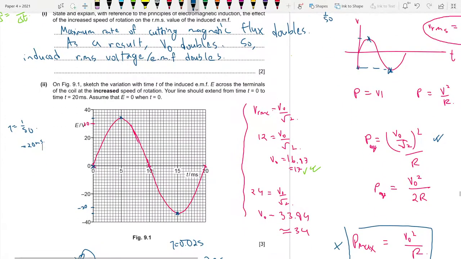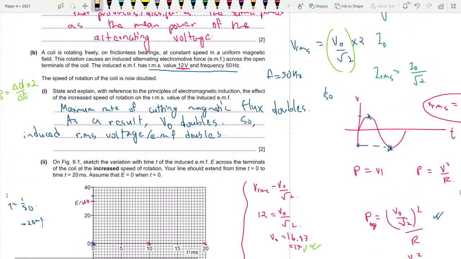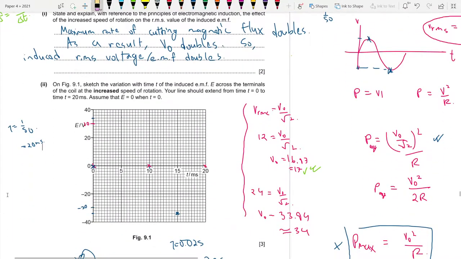I actually have a mistake in this diagram. I gave the same time period, but it's not going to be the same, because we have increased the speed of rotation.